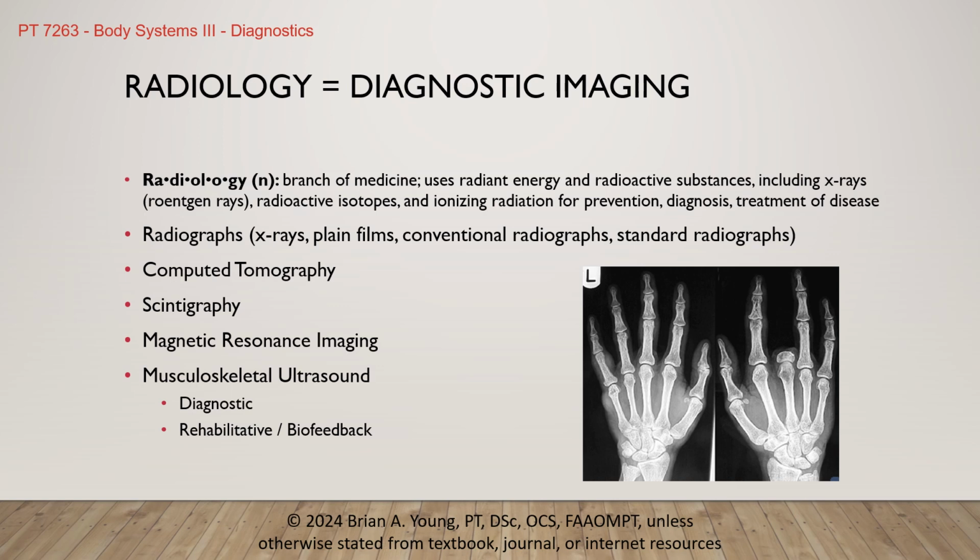Other modalities that could be used are CT or computed tomography, which is really a series of X-rays, scintigraphy or bone scans, magnetic resonance imaging or MRI, and also musculoskeletal ultrasound. We'll be exploring each of these within this course and also a few other applications such as to the neurologic system and also the cardiopulmonary system.